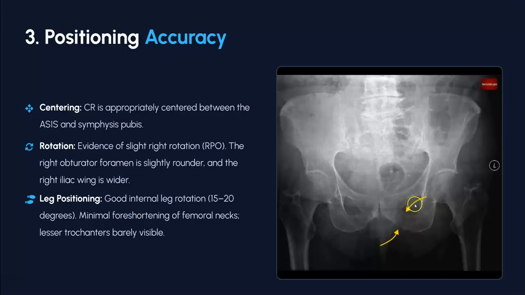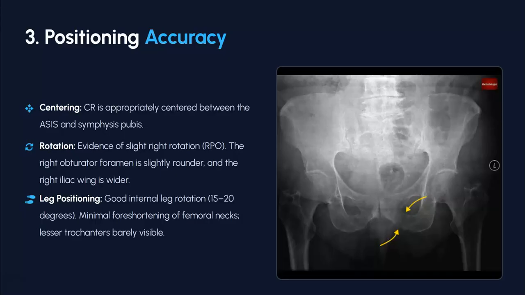The primary indicator for pelvic rotation is the symmetry of the obturator foramina. If you look closely here, they are completely asymmetric. The right obturator foramen appears slightly more open and rounded, whereas the left obturator foramen is visibly narrower and more foreshortened. Additionally, if we evaluate the ala, the right iliac wing appears slightly wider and more elongated than the left iliac wing.